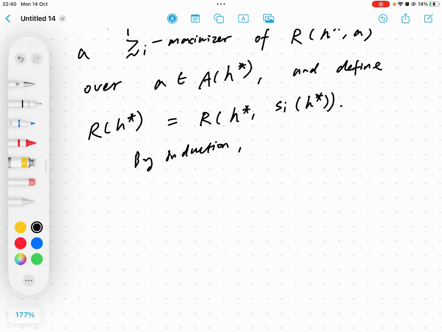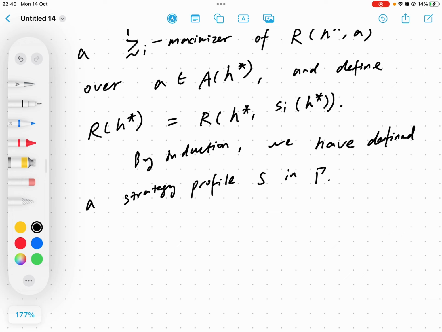So by induction, we have already defined a strategy profile, because we have it for each player i, for all players, a strategy profile S in this Γ.